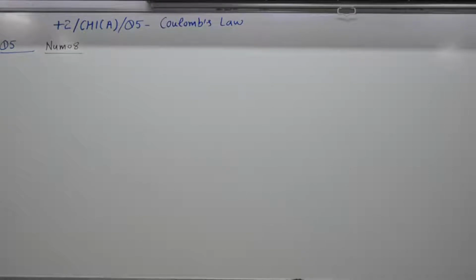Numerical: two particles each having a mass 5 gram and charge 10 raised to power minus 7 coulomb stay in a limiting equilibrium on a horizontal table with a separation of 10 centimeter between them. The coefficient of friction between each particle and the table is same. Find value of this coefficient.